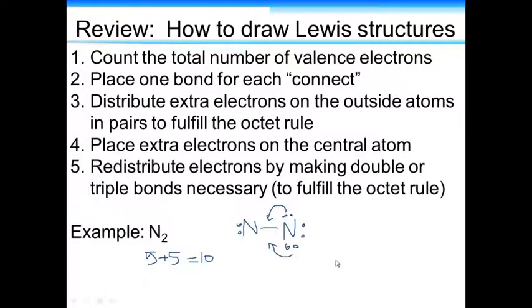We need to make these shared as well, because shared electrons will contribute to the octet of both atoms. So now this nitrogen has 2, 4, 6, 8. This nitrogen has 2, 4, 6, 8. The shared electrons are seen as electrons for each atom in determining the octet.